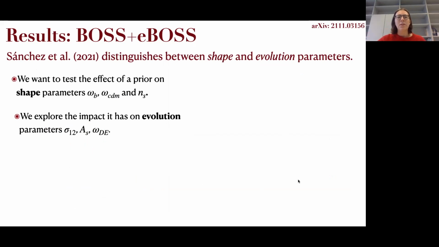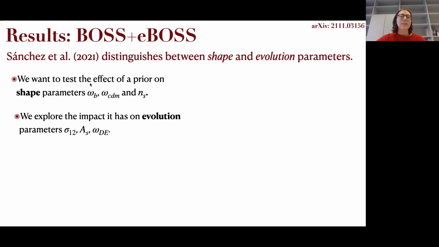This is based on the evolution mapping idea proposed by Sanchez et al. Once we define our physical parameter space, we can divide our cosmological parameters into shape and evolution kinds, depending on how they affect the power spectrum. The shape parameters, as it says on the tin, describe the shape of the power spectrum, whereas the evolution parameters describe the amplitude of the power spectrum.